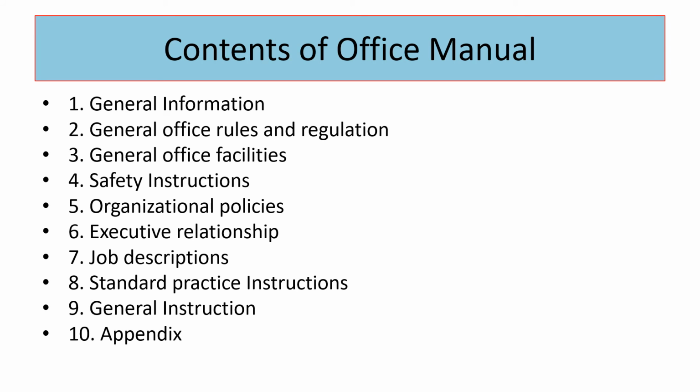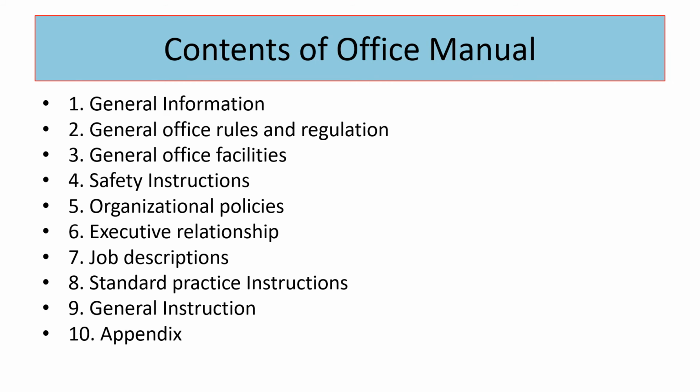The next point is general office facilities: the location of retiring rooms, lounge rooms, reading rooms, telephone facilities, supplies, and cooperative basis. The next point is safety instructions.